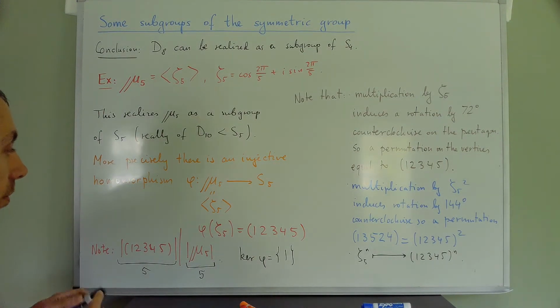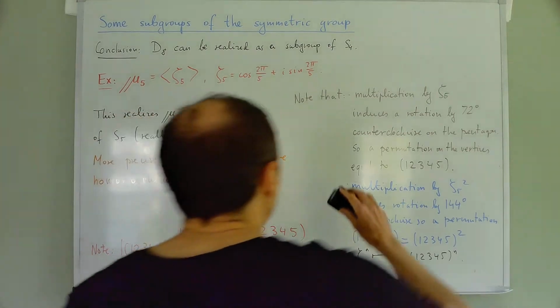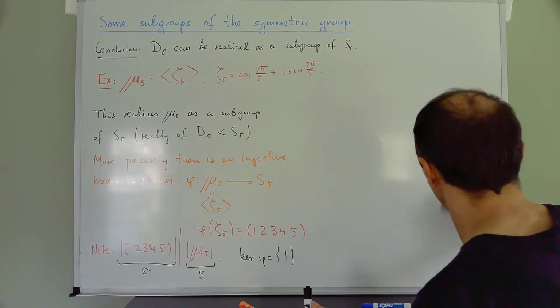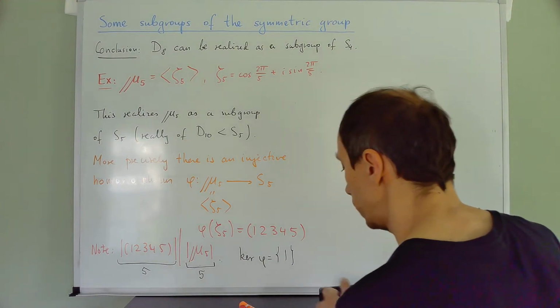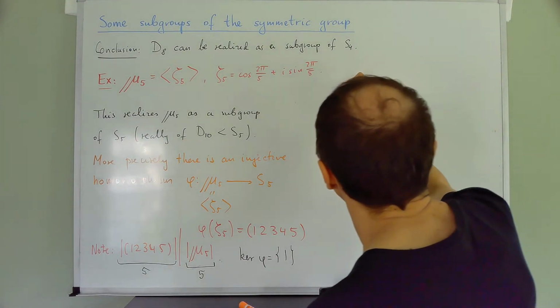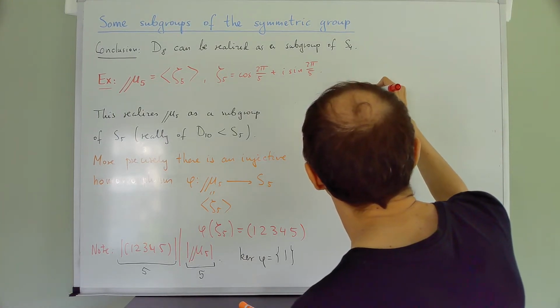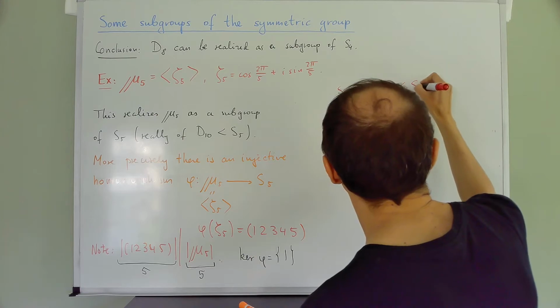Okay, and what do I know about homomorphisms? The image of phi is a subgroup of S5.